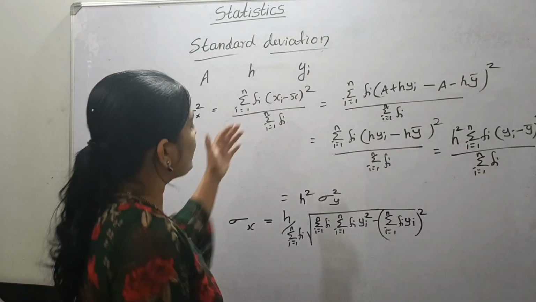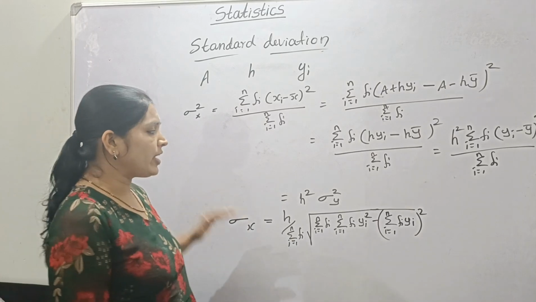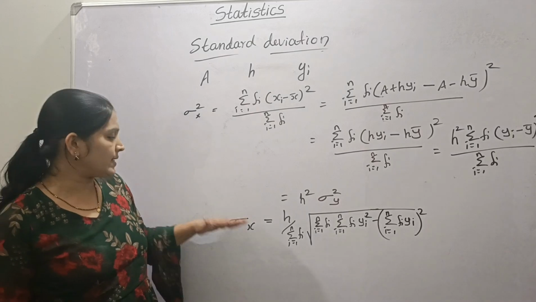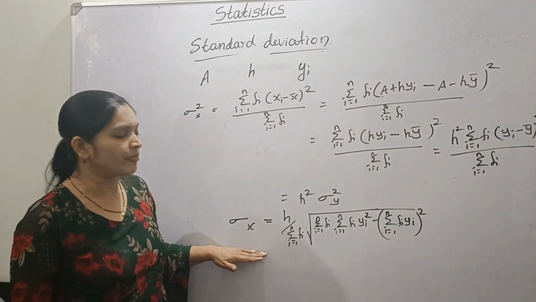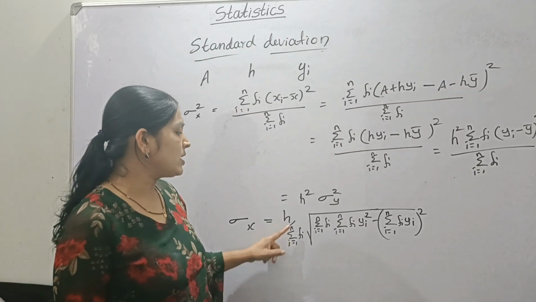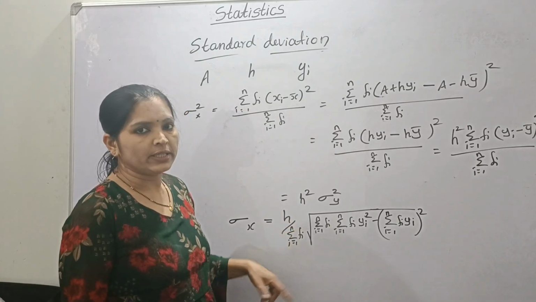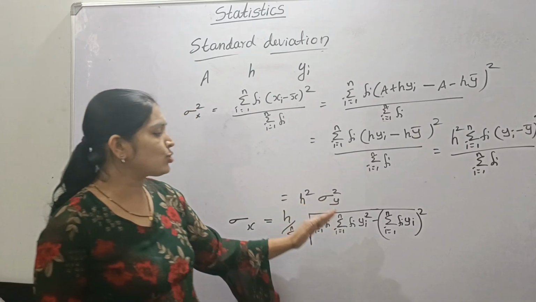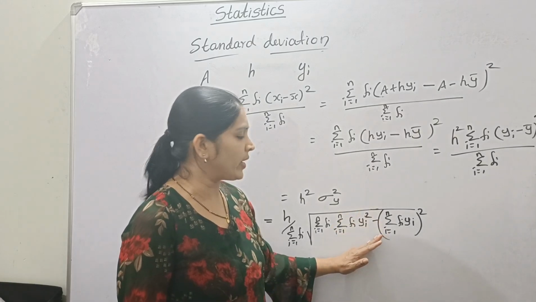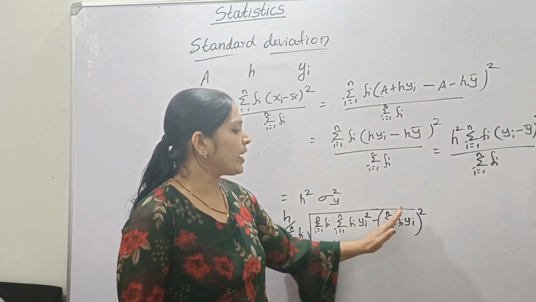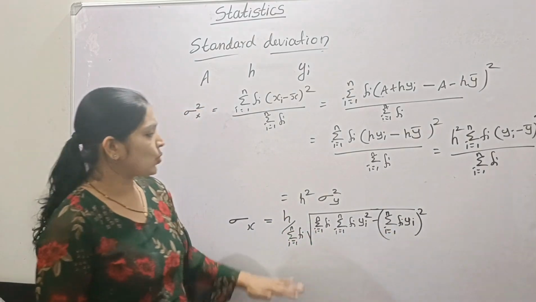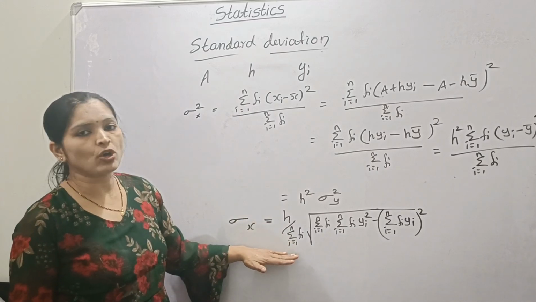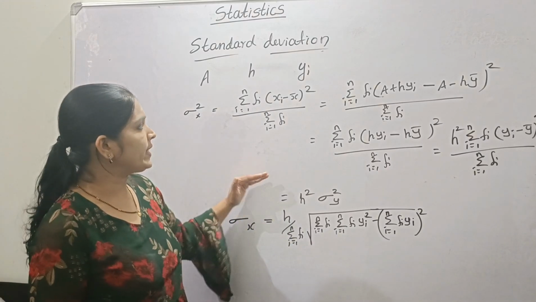The last equation, after derivation, you will get the standard deviation, square root of variance, that is standard deviation of the variable x, equal to h by sigma i equal to 1 to n fi, that is sum of frequencies, into root of sigma i equal to 1 to n fi into sigma i equal to 1 to n fi yi square minus sigma i equal to 1 to n fi yi whole square. So it is the formula to find the variance of the data. Okay, so it is the shortcut method.